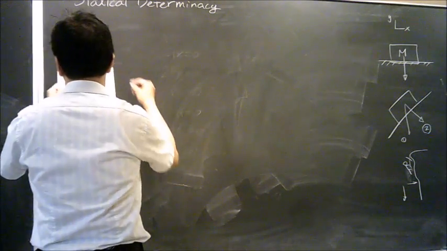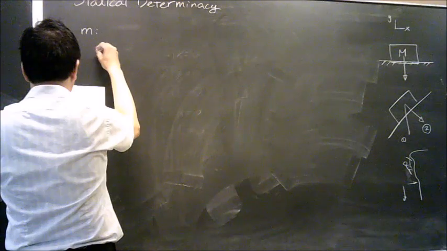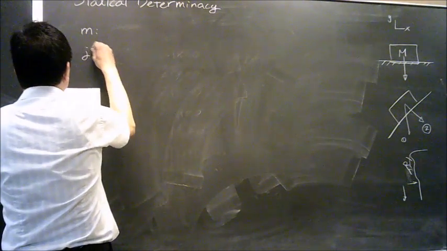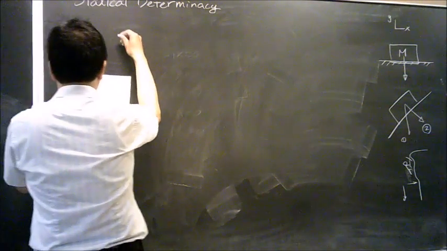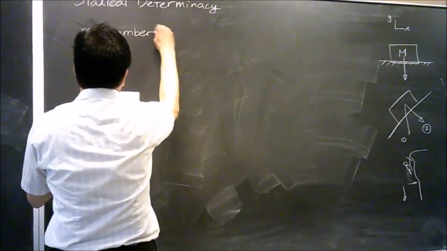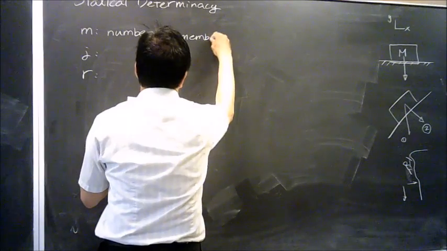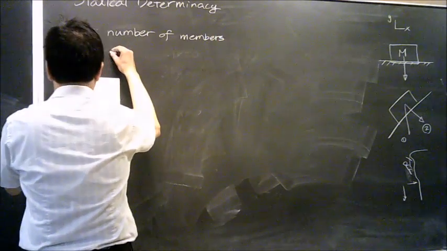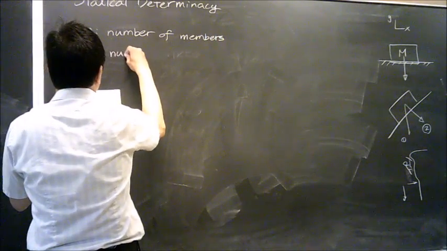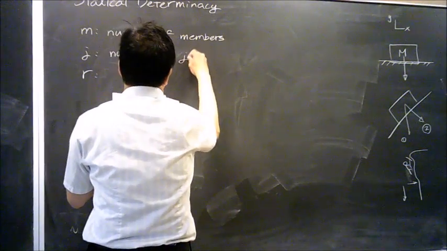So for instance, you have 3 numbers. This is the number of members. This is the number of joints.